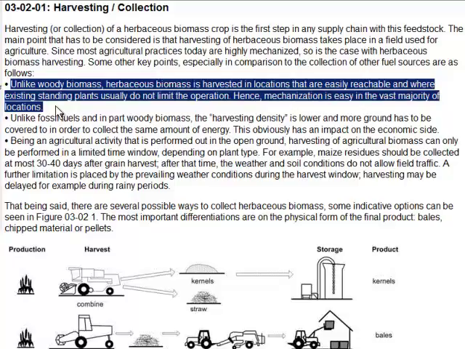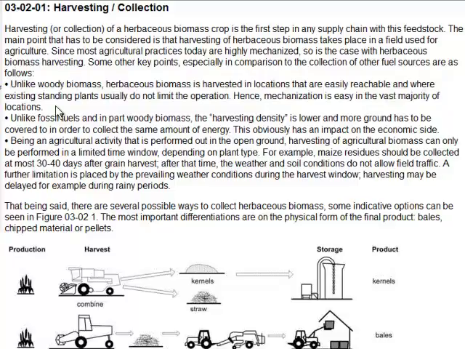Hence, mechanization is very easy. So therefore, the harvesting of agricultural biomass is typically highly mechanized, and there is a number of different types of machines and possibilities available.